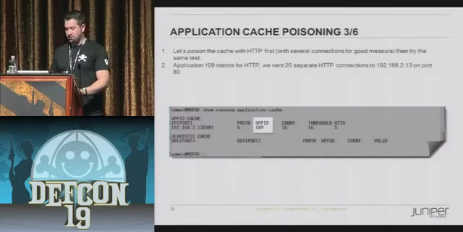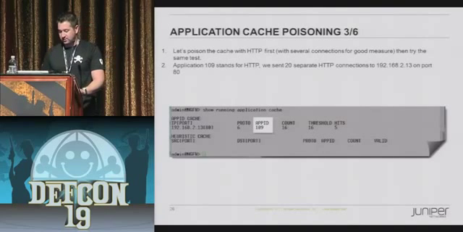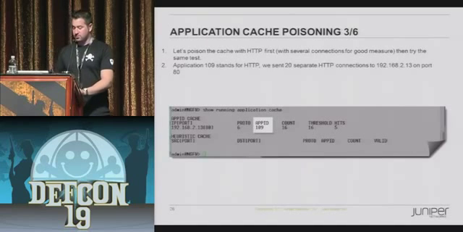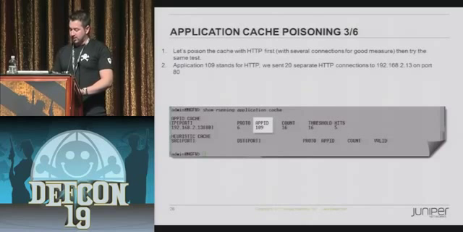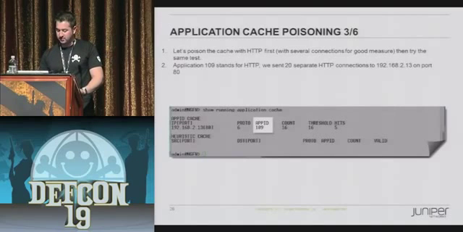So in this case, I just sent a bunch of HTTP messages. I used again this simple program I whipped up, but you could use wget or really anything, as long as the client and the server can properly collude. So basically, I just send a bunch of HTTP messages, and you can see that it puts an entry in the application cache. Protocol 6 is obviously TCP, port 80, and it cached it as application ID 109, which stands for web browsing, in this case HTTP.